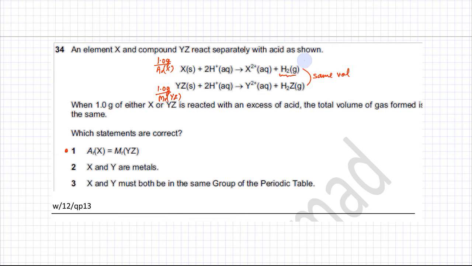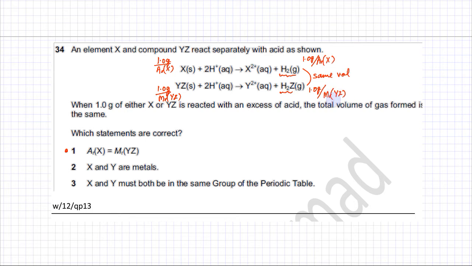They're going to be 1 gram divided by the AR of X. And the moles of H2Z gas, because it's 1:1, 1YZ solid produces 1 mole of H2Z gas. So the mole ratio is exactly the same. So the moles of YZ are going to be the moles of H2Z. So the moles of H2Z would be 1 gram divided by MR of YZ.